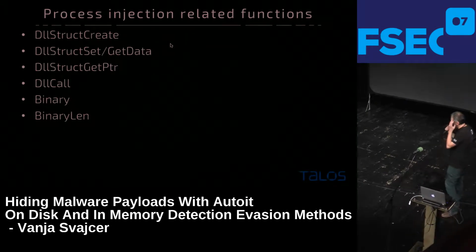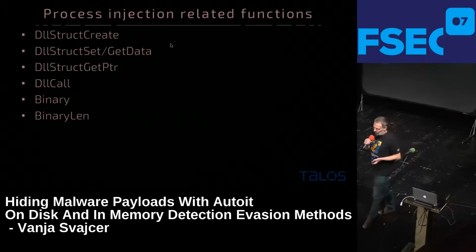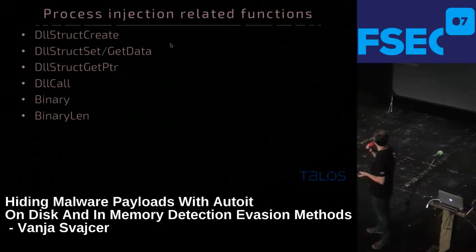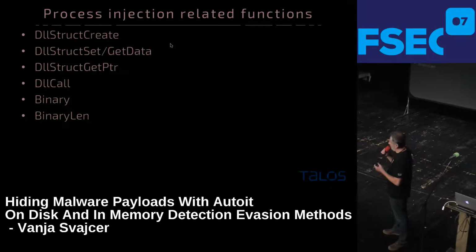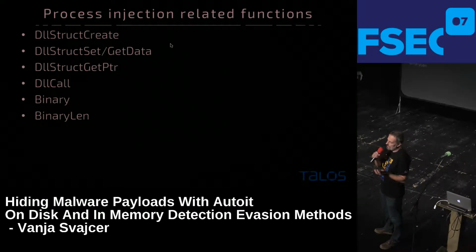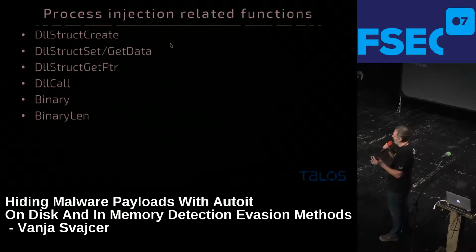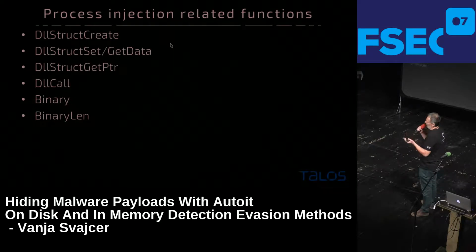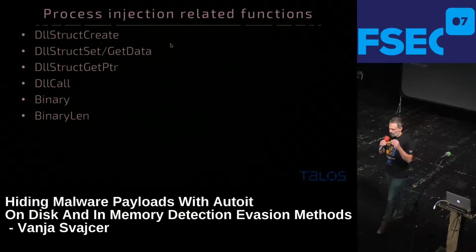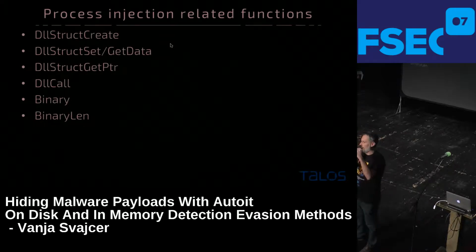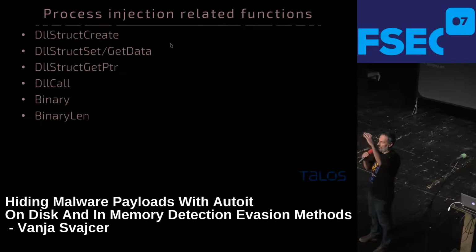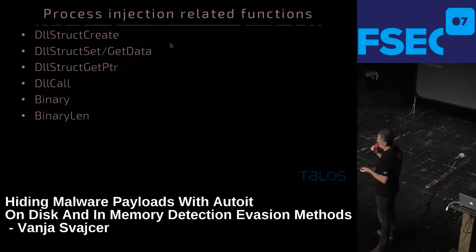What are the functions that are used in Autoit malware for the PE process injection? Well, like I said, there's no great C or C++ like structure that you can create in memory, but there are calls that start with DLL. DLLStructCreate allows you to create a C++ like structure. For example, you know how the process environment block looks, or how the PE file looks, and then you just define that in a DLLStructCreate call, and from then on you can address members of the structure to modify parts of it.